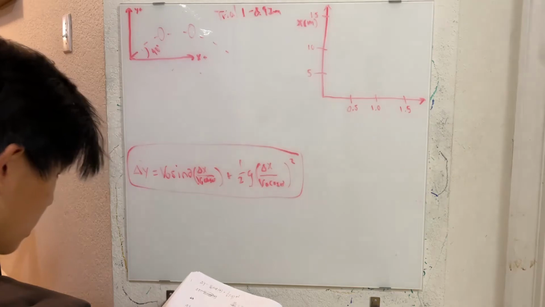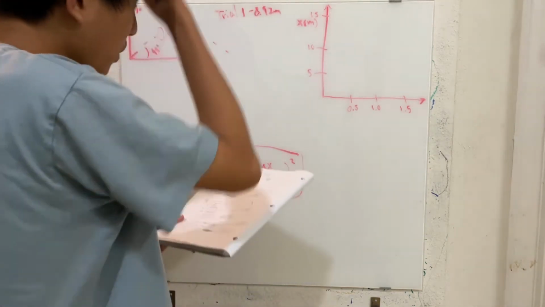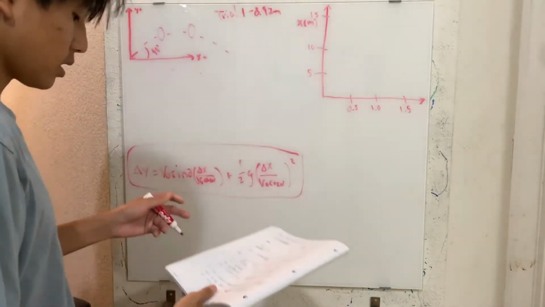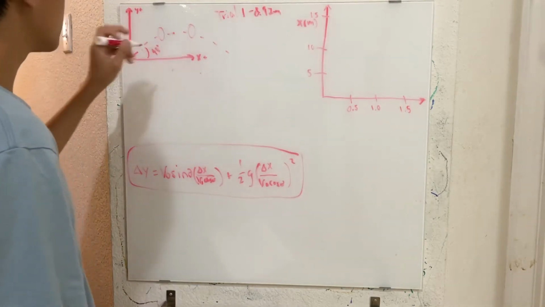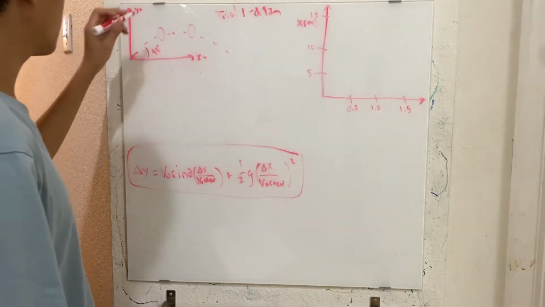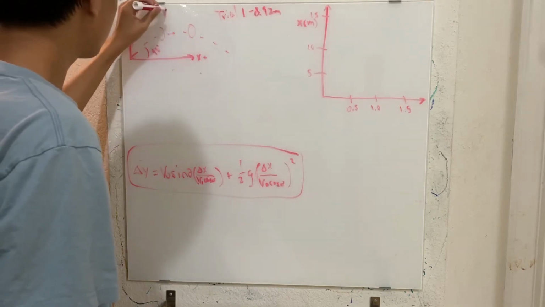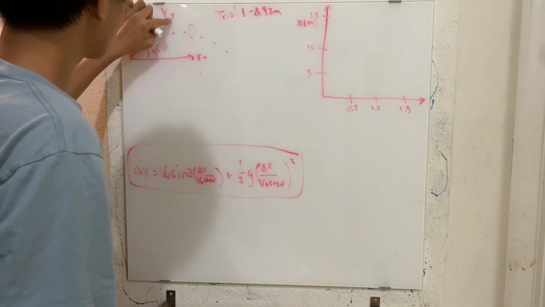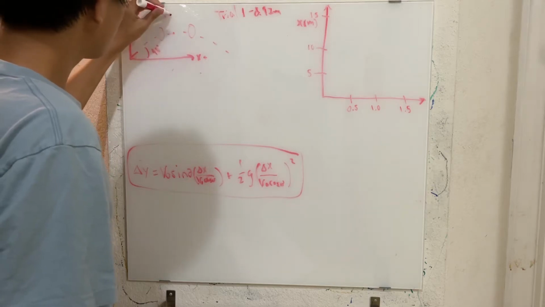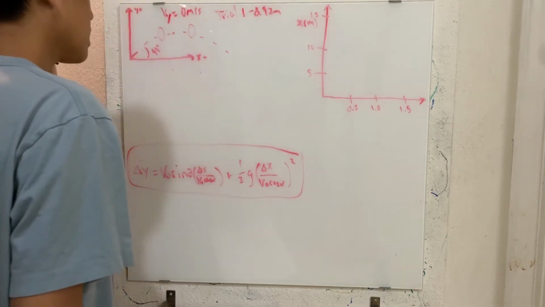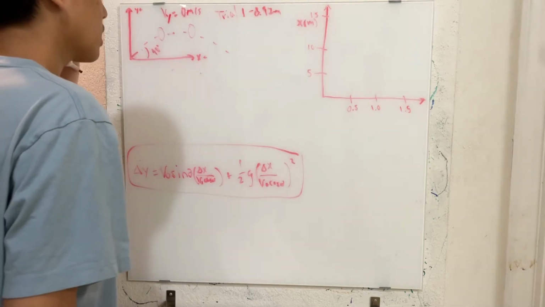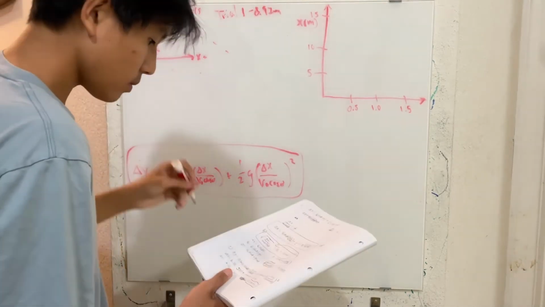And the way I'm going to do this is we're going to do something similar to the beginning, but before we do that, it's important to understand that at this point here, when the projectile is at its highest, Vy equals 0 meters per second, and that's because it's at its highest point, so it can no longer go up, it can only go down.